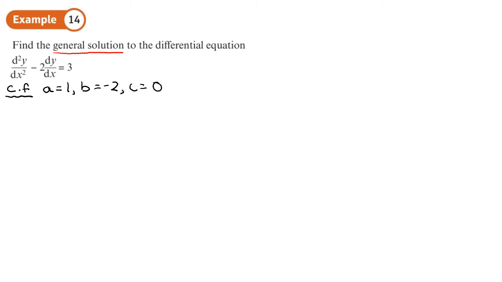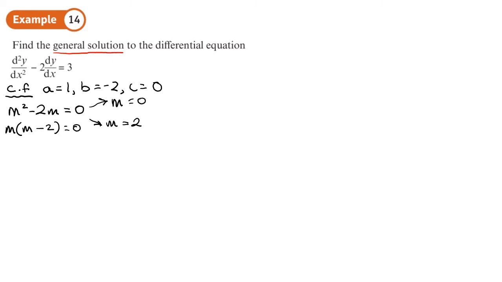So the auxiliary equation will be m squared minus 2m equals 0. So that can easily be solved. Once we factorize it, we get m equals 0, m equals 2.